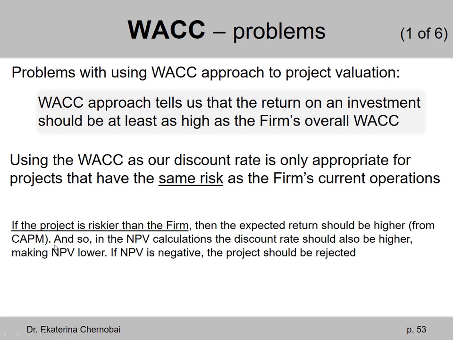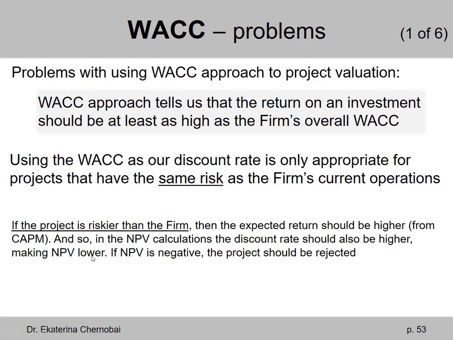That's from the CAPM formula, for example, where we have the beta, the risk measure. And so this means mathematically, in our net present value calculations for a project, the discount rate should be higher than the firm's WACC. The higher the discount rate, the lower the net present value of a project would be.